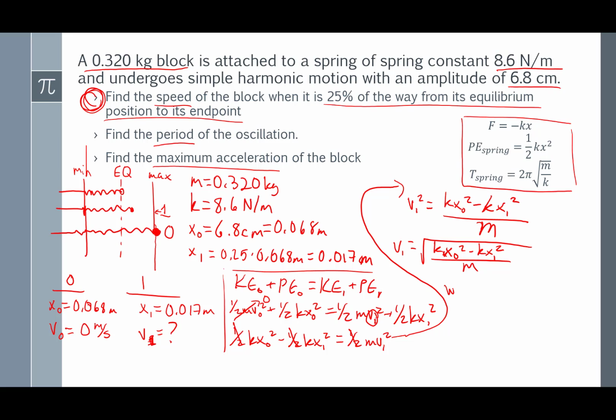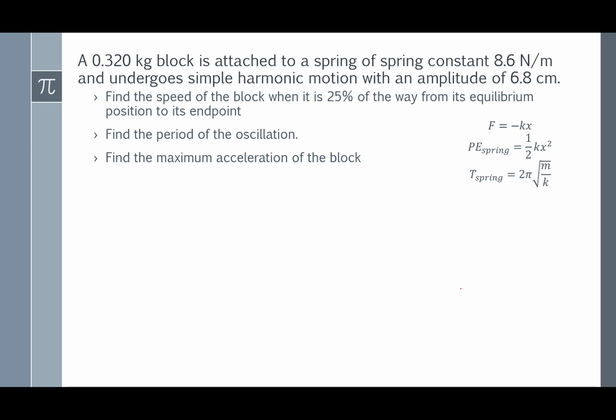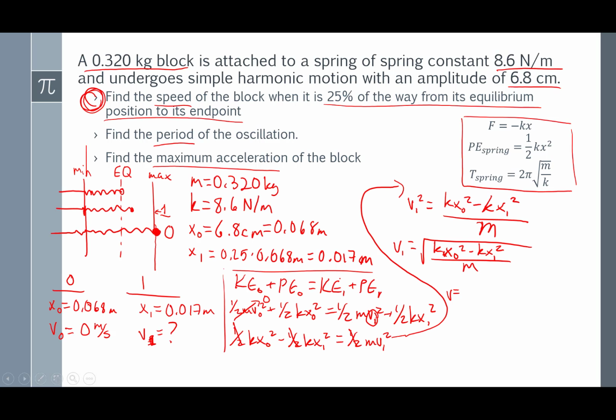Now we just plug in our numbers. V equals, gotta love PowerPoint, V equals the square root of k, which is 8.6, times x0 squared.